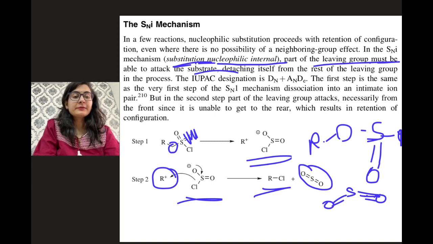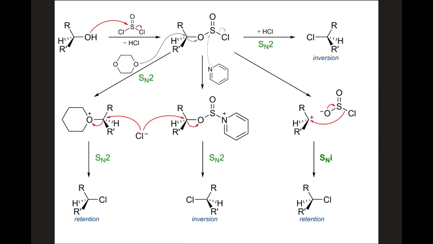Now this is the most important slide of all, and this is where all the confusion is going to be cleared out about these kinds of reactions. See guys, whenever you are given a simple alcohol and you have taken SOCl2, the alcohol is going to convert the SOCl2 into OSOCl. This is your functional group. Now there are various possibilities.